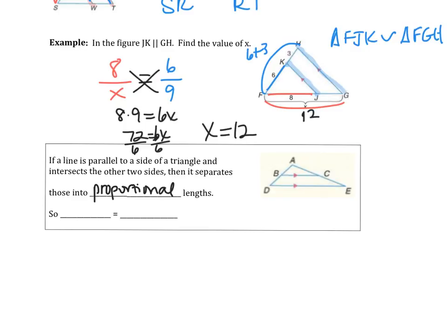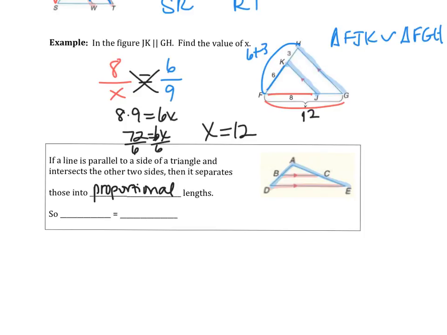So if a line is parallel, so this particular one line BC is parallel to DE, it separates the other two sides, so side AD and AE, into proportional sides. So I'll give you your proportional statements.